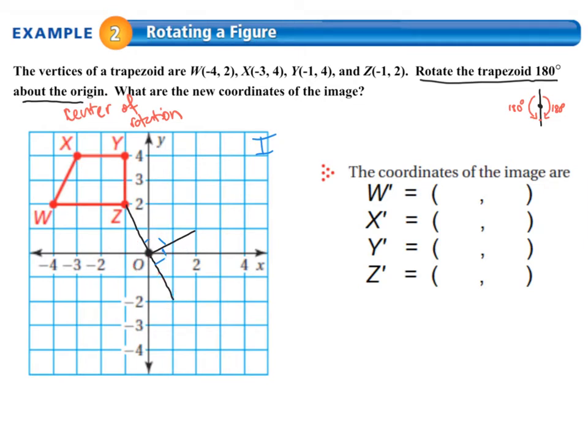I wanted to just point out, before I erase all the extra lines, that the distance from Z to the origin has to be the same every rotation you make. So notice that from the origin to the original point Z is up 2, over 1. Then if we were rotating 90 degrees, it's over 2, up 1.